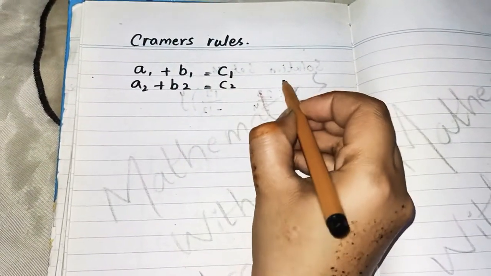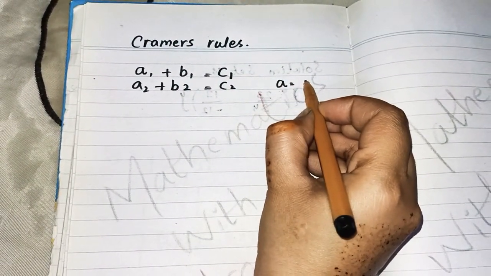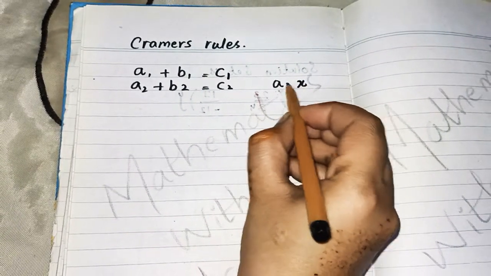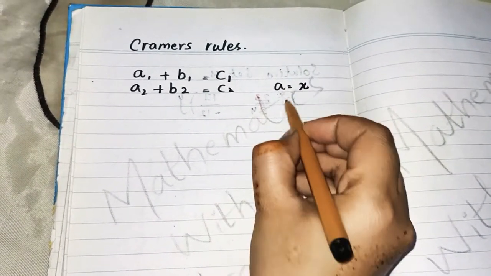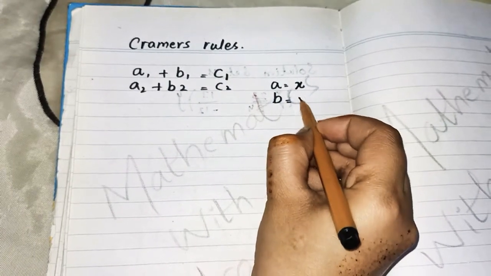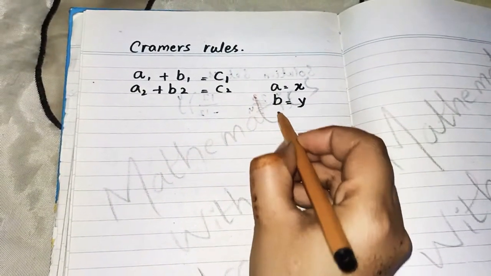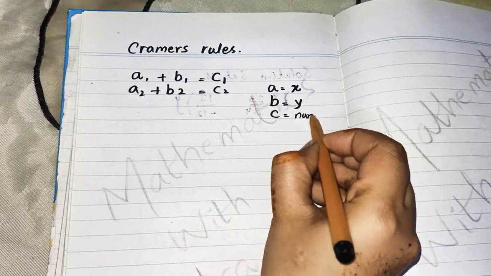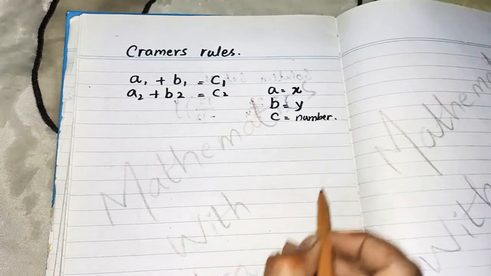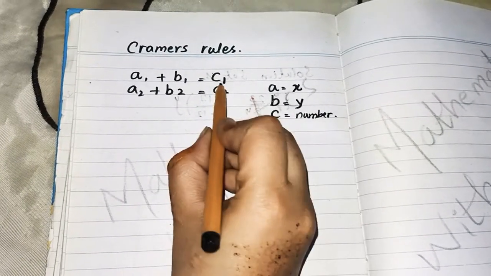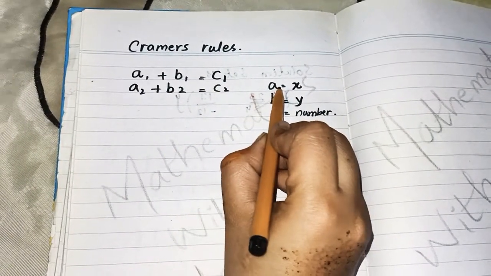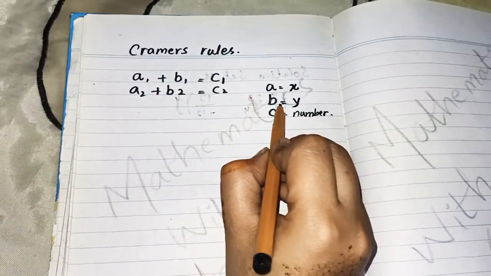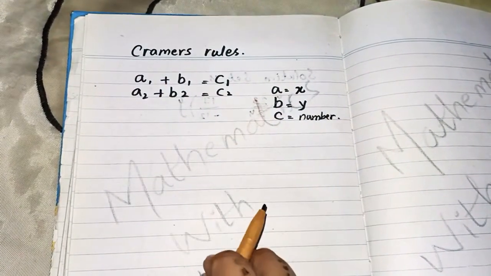Here A is the value with X, B is the value with Y, and C is the simple value of number, only number. The only number we have is written in C1 and C2, and the value of X is written in A1, A2, and the value of Y is written in B1, B2.